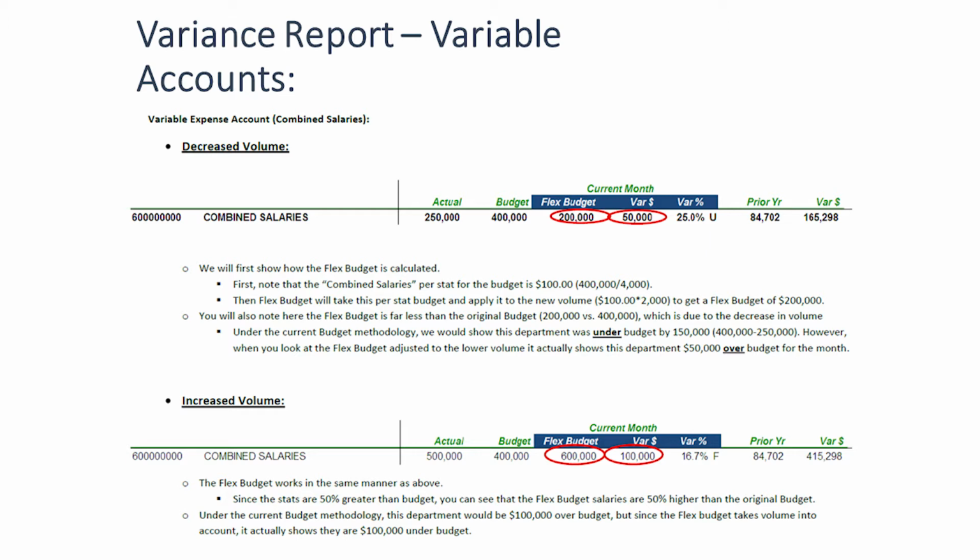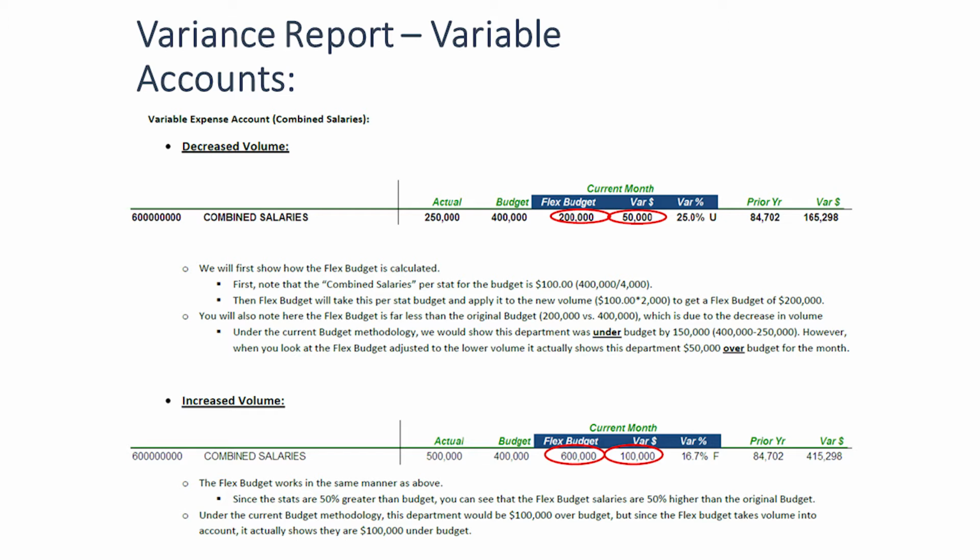So if you had the increased volume or decreased volume of 50%, and your budget was $400,000 in salaries, the flex budget would have been $200,000. So in that case, if you had an actual of $250,000, then that was not flexed enough. You were still over budget, volume adjusted.